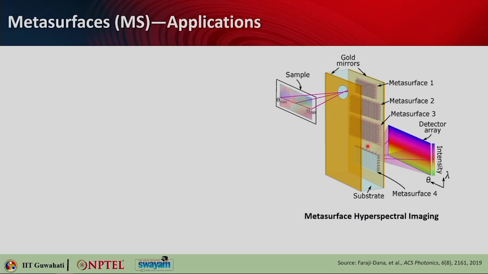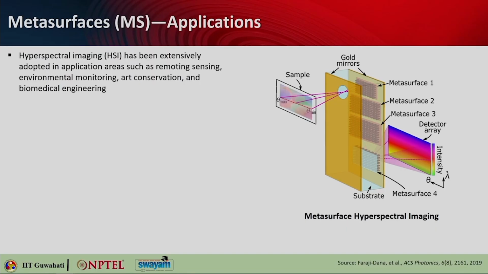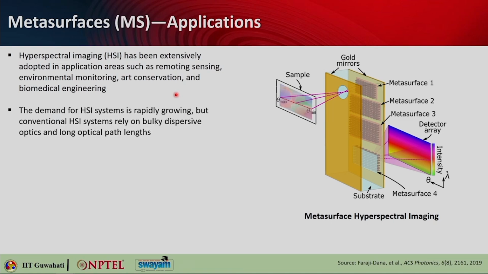So when light strikes each pixel, it is broken into many different spectral bands in order to provide more information on what is getting imaged. Hyperspectral imaging has become very popular in application areas like remote sensing, environmental monitoring, art conservation and biomedical engineering.